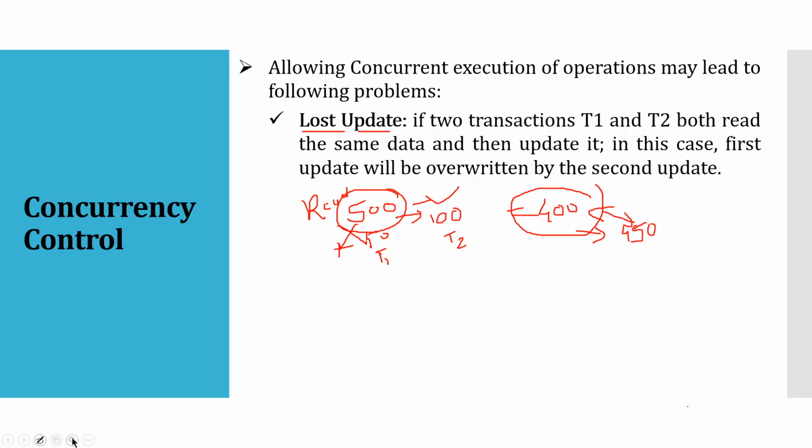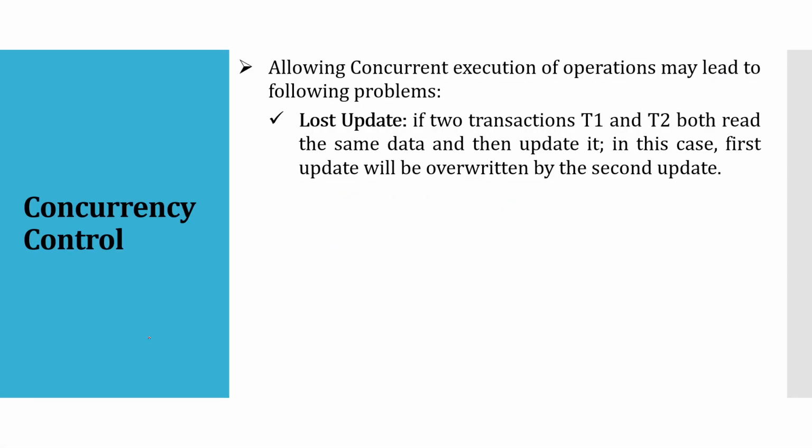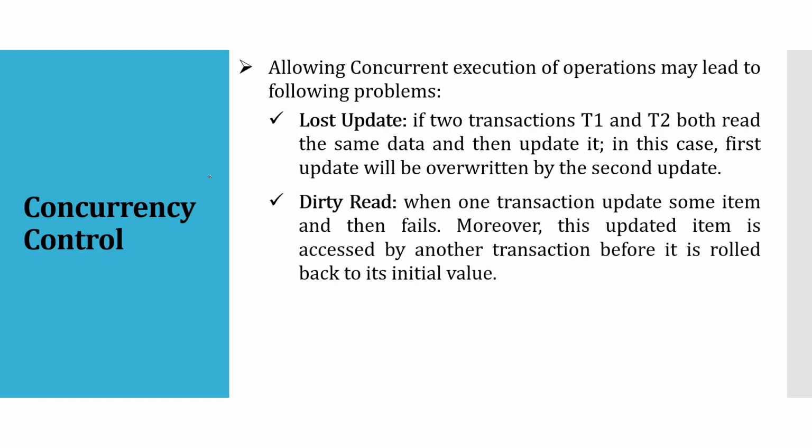Okay, then let's see what the second problem is. The second problem is dirty read. So what do you mean by dirty read? When one transaction updates some item and then fails. So let us say 500 is the initial value, right? And I have added 50 rupees to it.